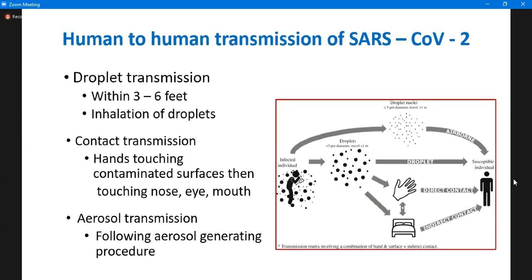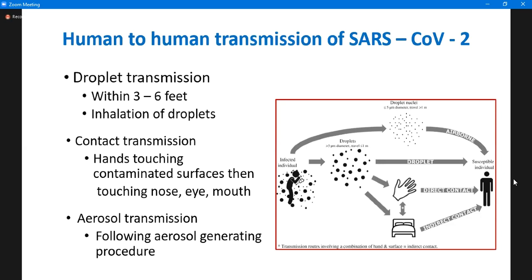How is the SARS coronavirus 2 transmitted from human to human? The main mode of transmission is droplet transmission. This occurs between 2 people standing about 3 to 6 feet apart, through the inhalation of the droplets.